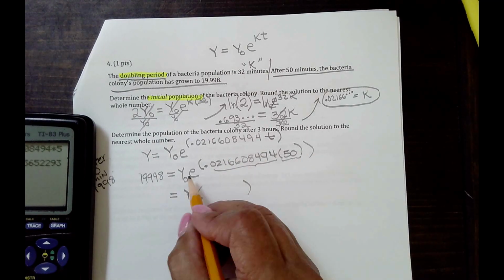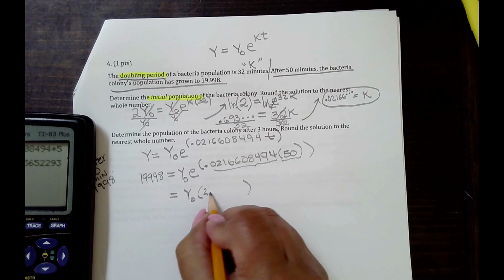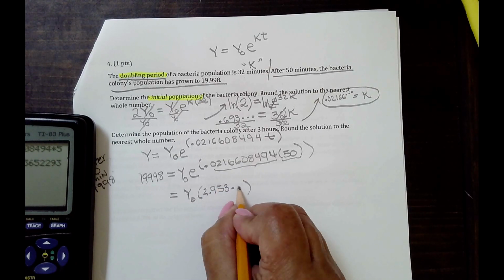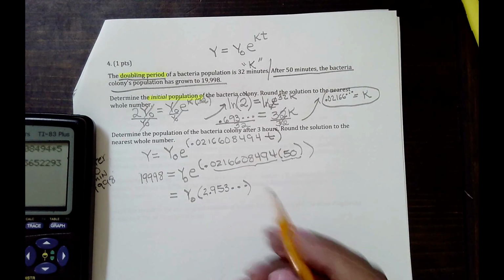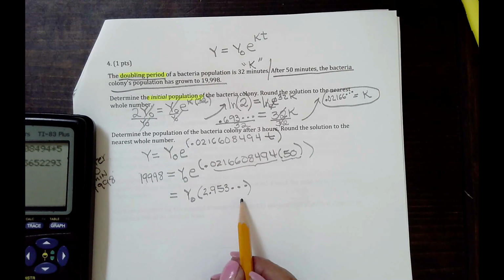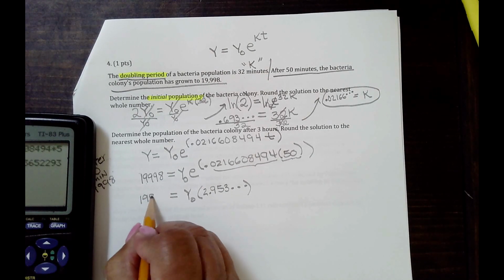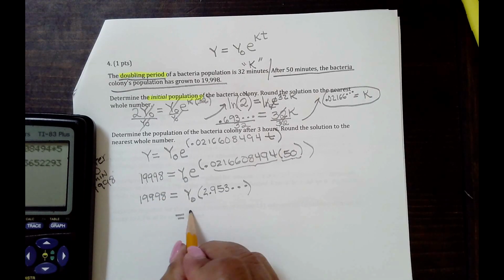So all of this has a power, and e being raised to that power is 2.953, but it actually runs on and on and on. Now this is a multiplier instead of having a base and an exponent. This is simply a multiplier of y sub 0. So you're going to divide it right off the y sub 0, which stands for the initial population.